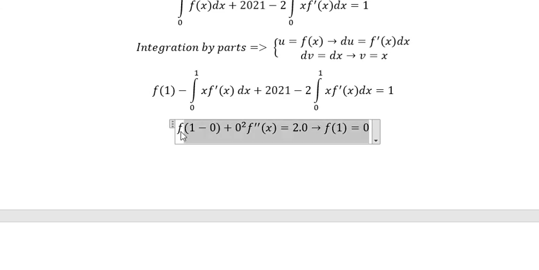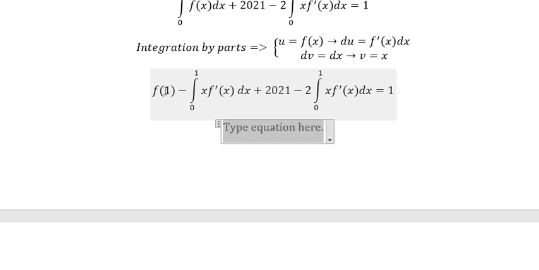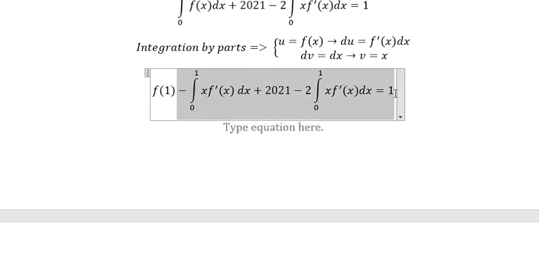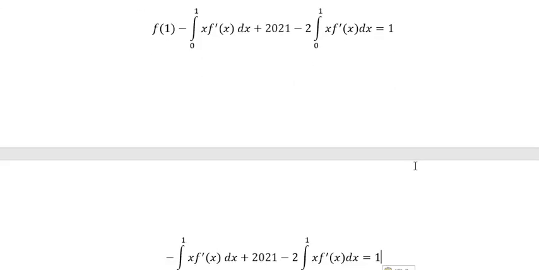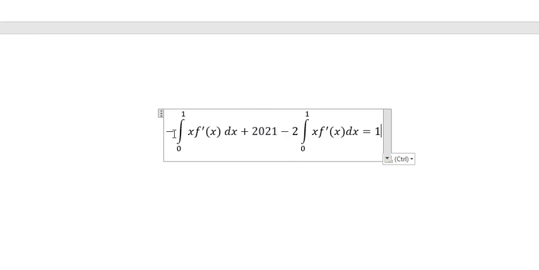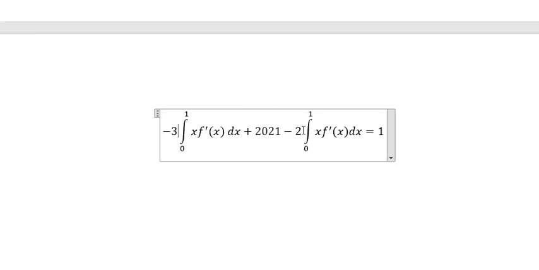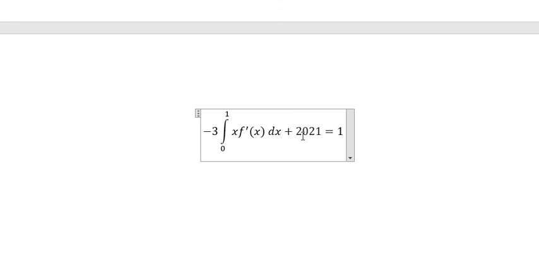So in this situation, we know the value here is 0, and now we just have this one left. Negative number 1, negative number 2, you get negative number 3. 2021, we move to the right, and you will get negative 2020.